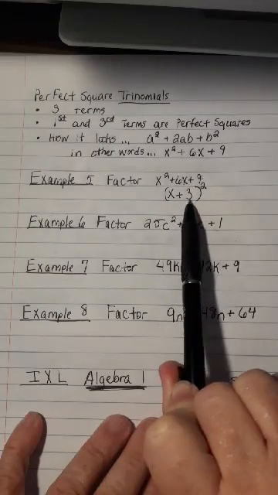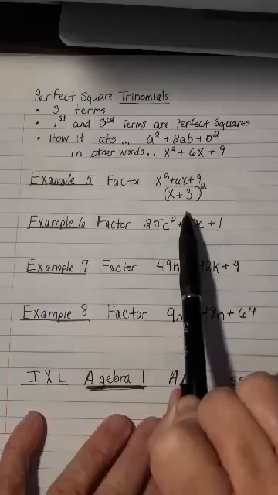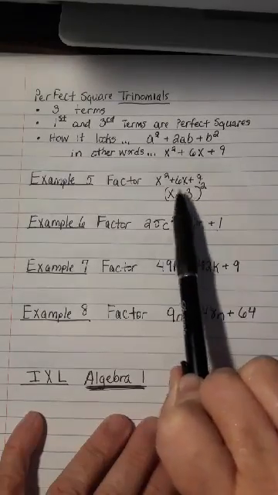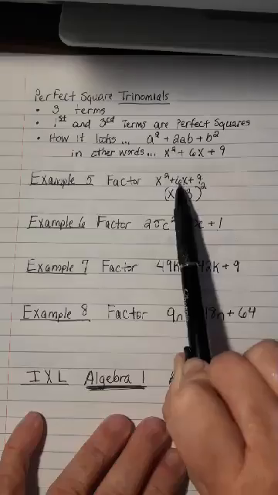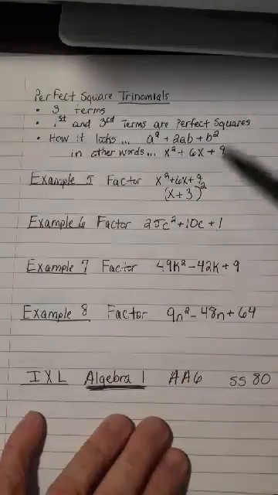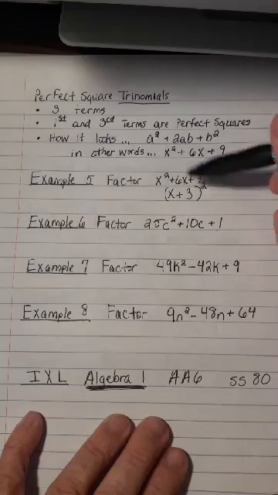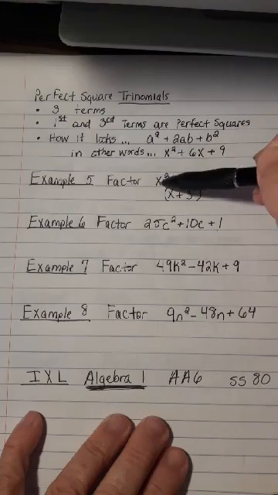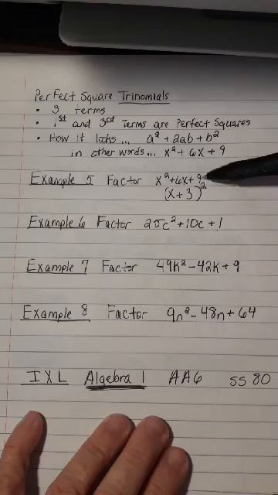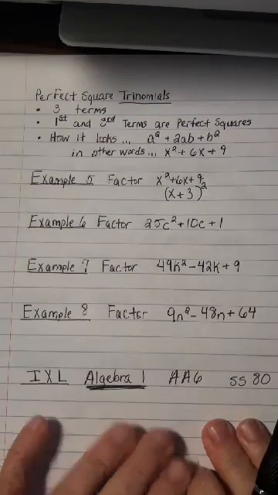X times 3 is 3x, and then double it or multiply it by 2 always. This tells you to always multiply it by 2. And so 3 times x is 3x, and when you times that times 2, you get 6x. That's just a way to check to make sure that these are the right numbers. When you're factoring it, you don't have to do anything with that 6. You just take the square root of the first term, the square root of the last term, put it in one parentheses to the second power.